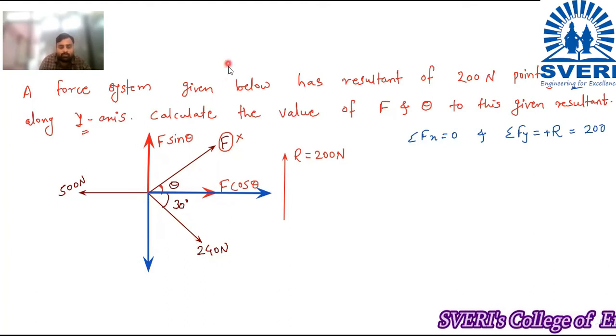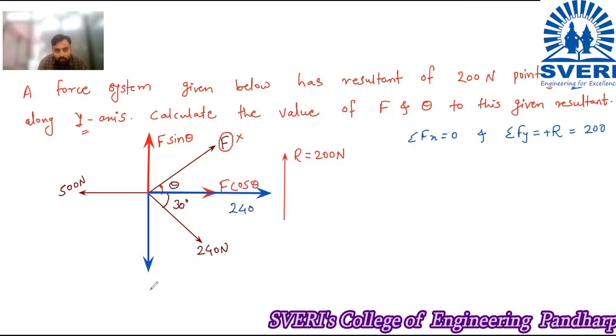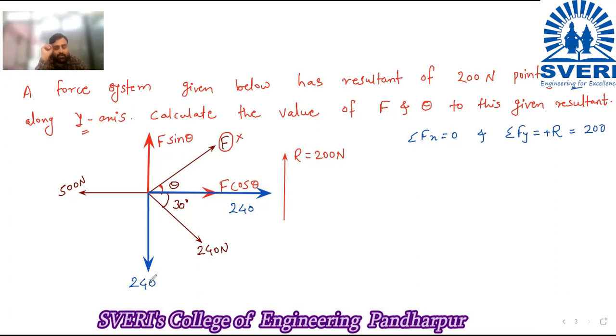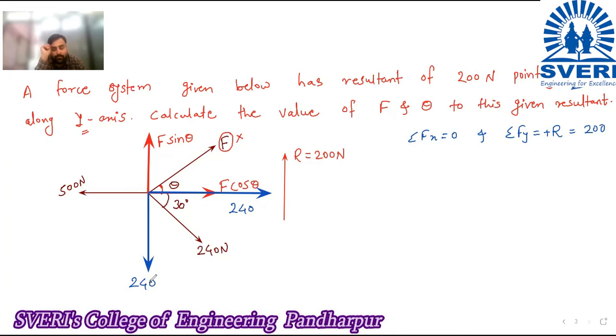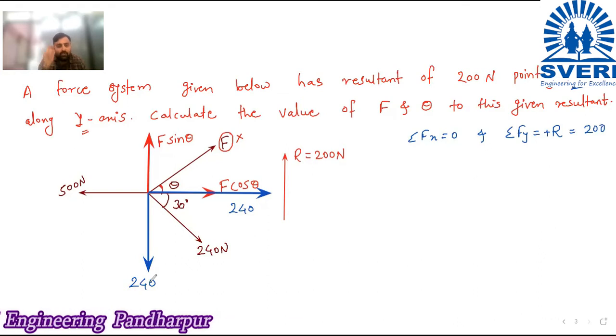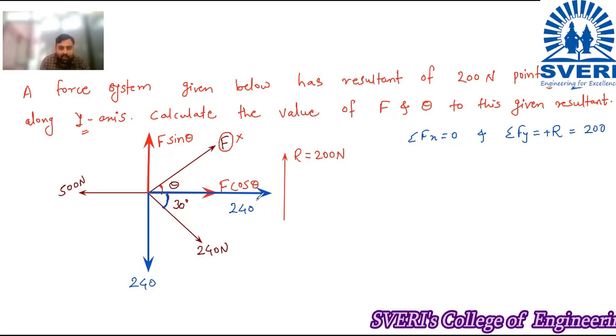So here I will write 240, and here also I will write 240. Now you tell me which component is cos and which component is sin. X-axis is cos. Cos how much? Cos 30. So this angle is 30 degrees and this angle is near to the x component.